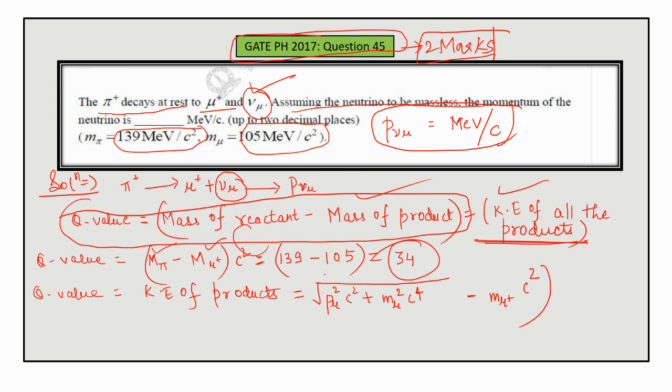You know the total energy formula: the square root of p square c square plus m square c4. From this total energy, we subtract the rest mass energy to get kinetic energy, because total energy is equal to kinetic energy plus rest mass energy. So the kinetic energy of mu will be total energy minus rest mass energy, m mu c square, with mu in subscript.